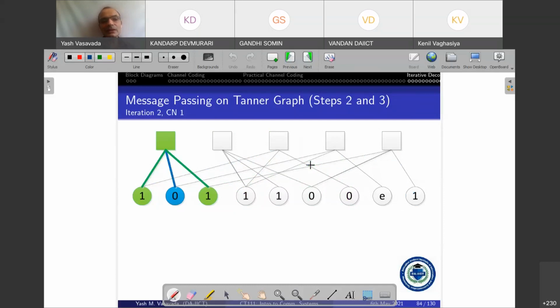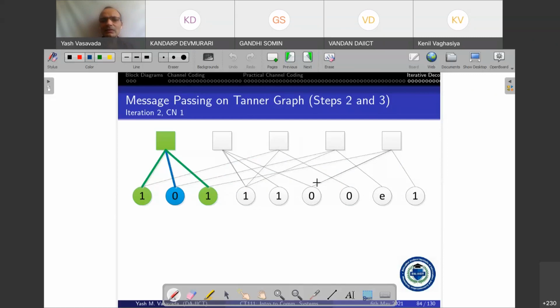Now in iteration 2, the second VN is also going to get unerased, because the first VN got unerased in the previous iteration. And then similarly, this algorithm will keep on going from CN1 to CN2 to CN3. Nothing will change there, because all the connected VNs are already unerased.